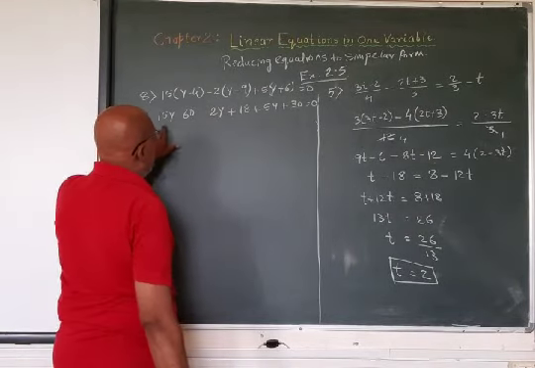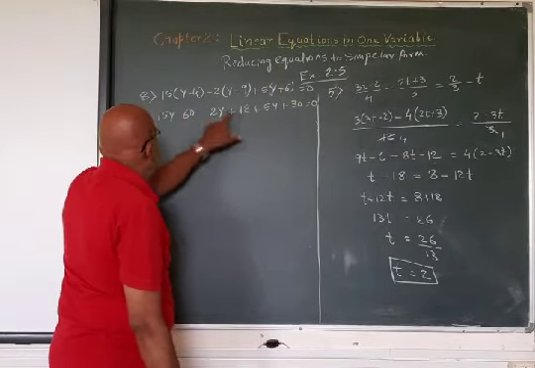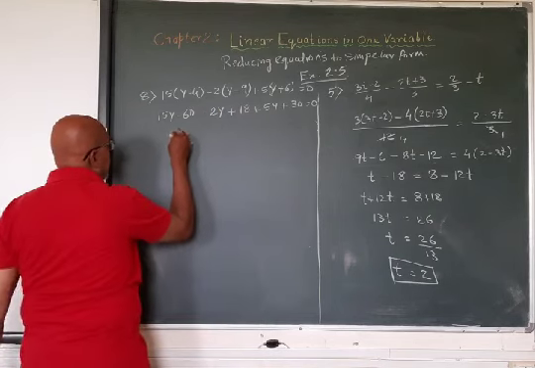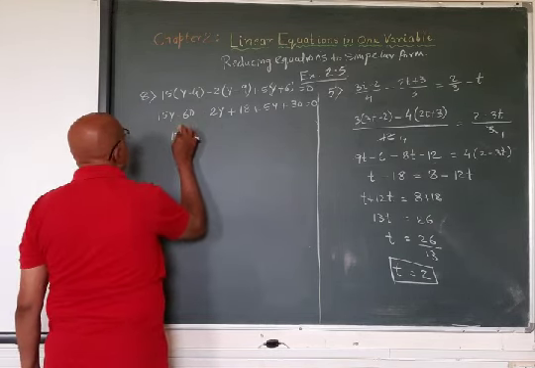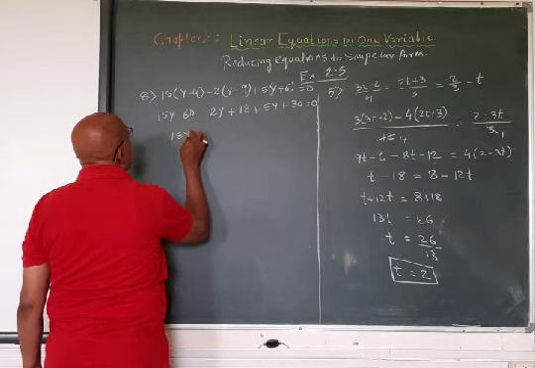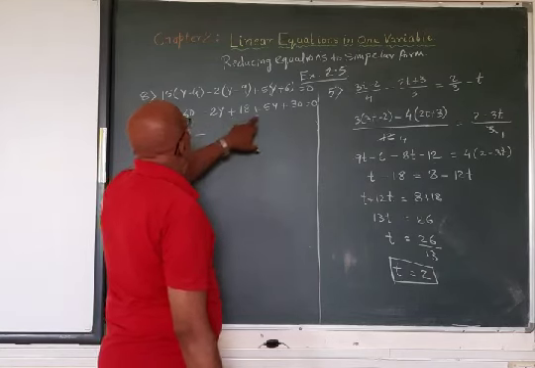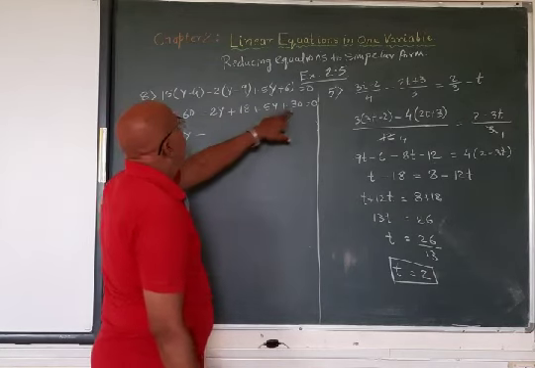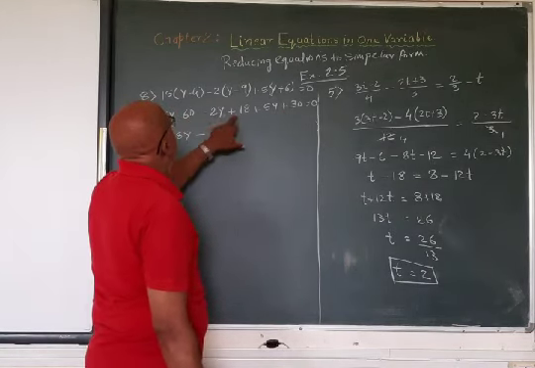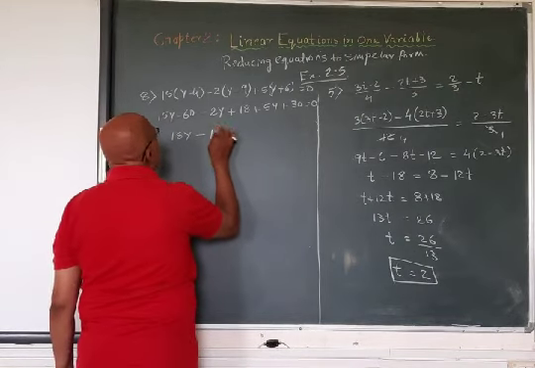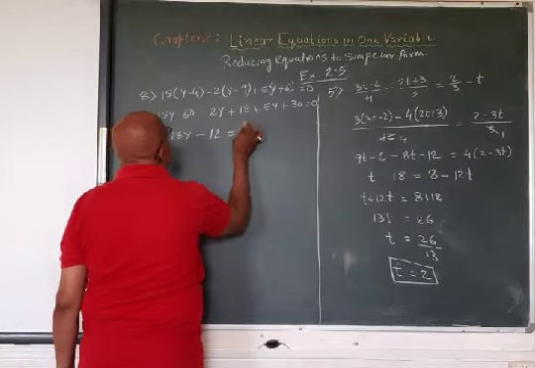Now here 15 minus 2 plus 5, 15 plus 5 is 20 and 20 minus 2 is 18. So we will write 18y minus 60, minus 60 plus 30 is minus 30, minus 30 plus 18 is minus 12.